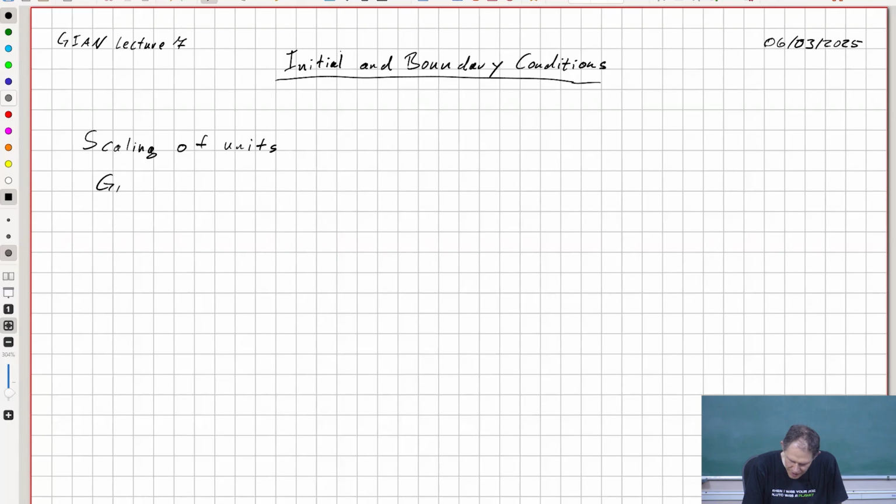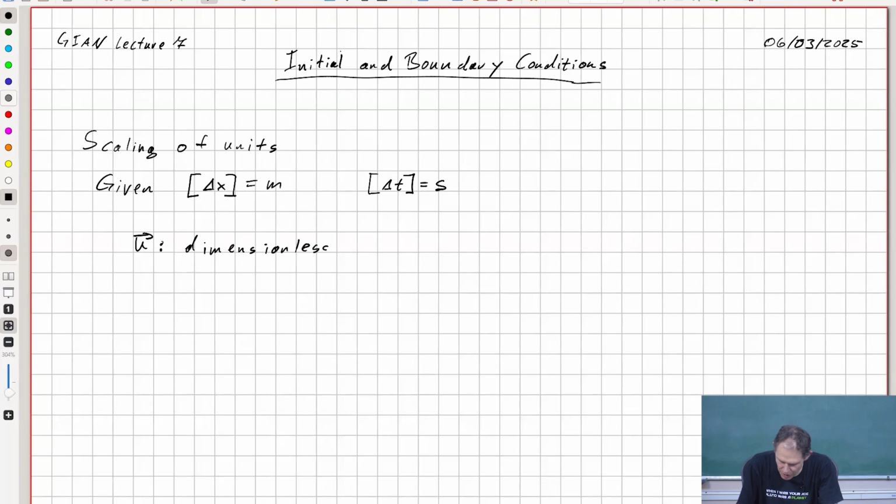Here, assuming we know what delta x is, coming in meters, and we have a given delta t, which has the unit seconds. We'll always use the variables without star as the dimensionless version, so the ones that we are using in our code.